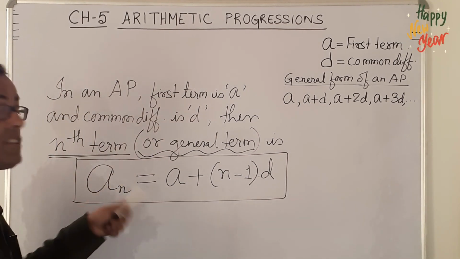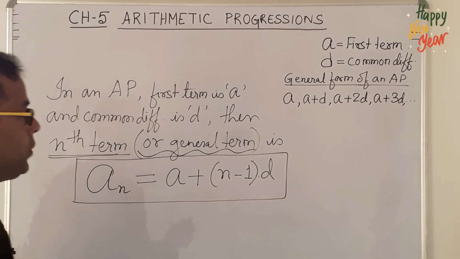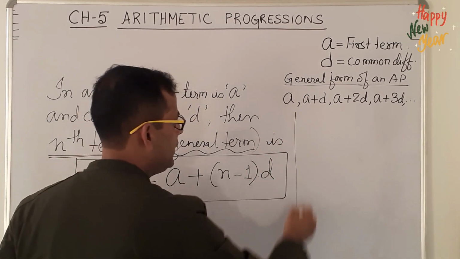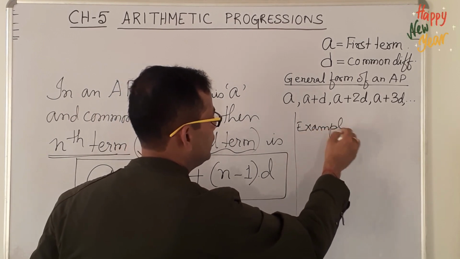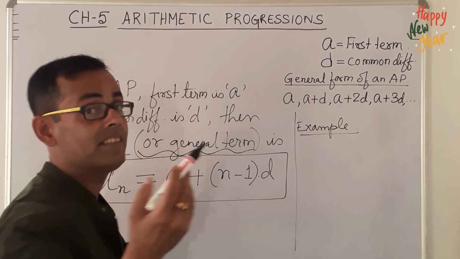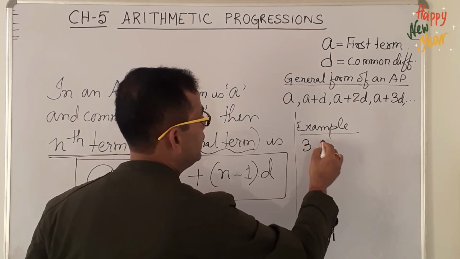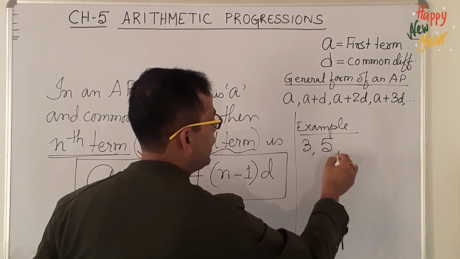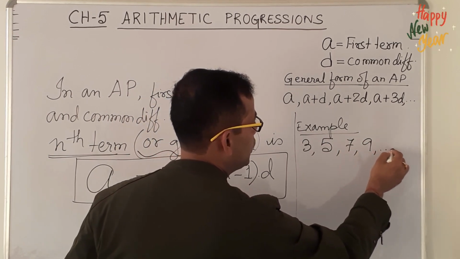Now let me explain to you how this is coming. Suppose I take one example, like the previous example only, 3. Then if I add 2, it becomes 5, again adding 2, it becomes 7, then 9, then dot dot dot.